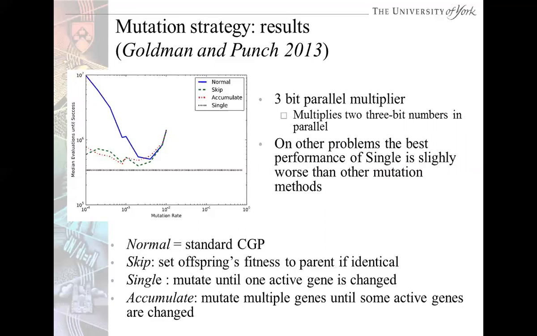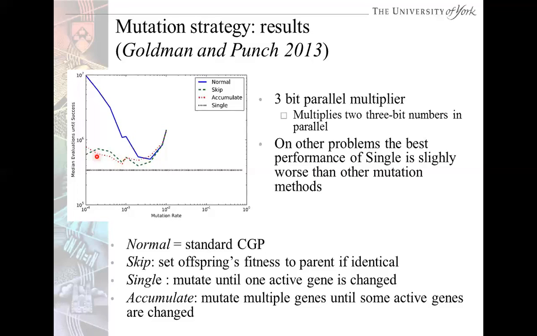Now we can look at how this number of evaluations varies with a slightly different strategy, which we call SKIP, which is this green dotted dashed line. In that, we don't increment the evaluation pointer if the fitness of the genotype is the same as the parent.